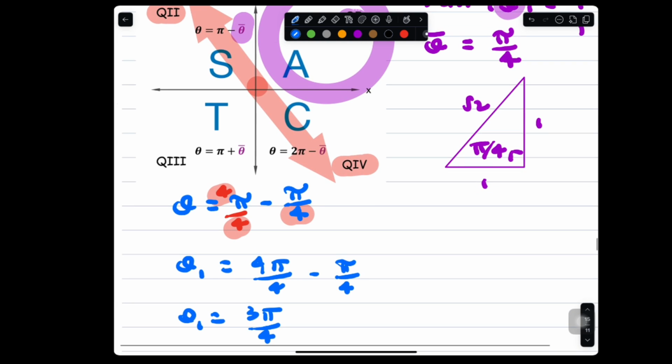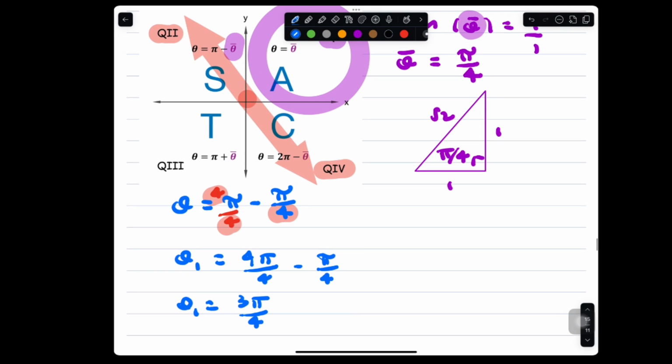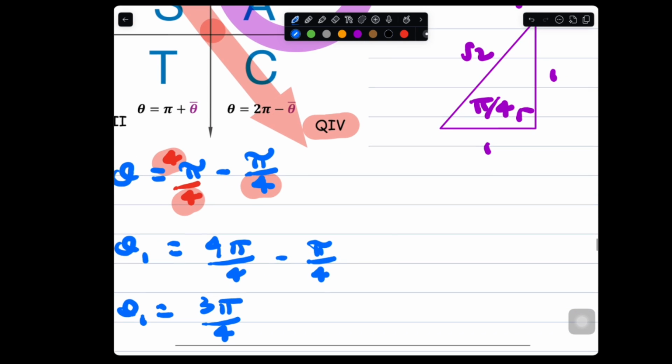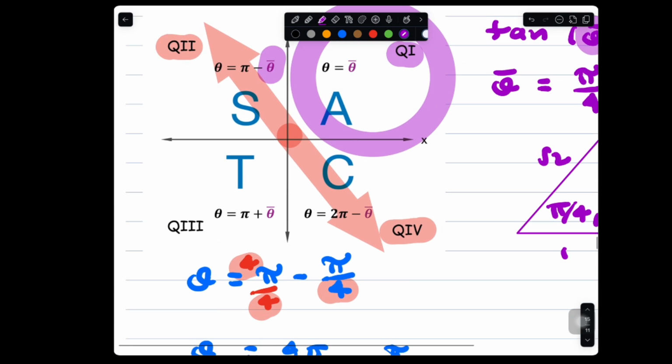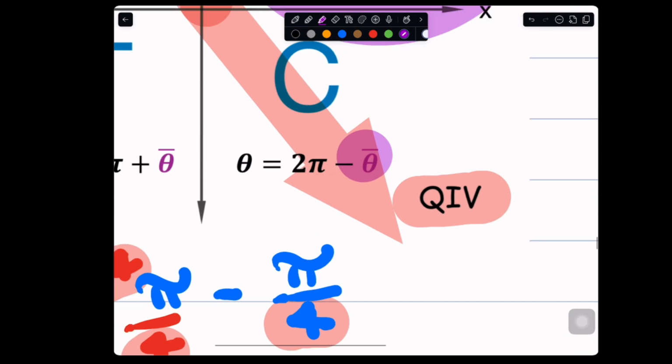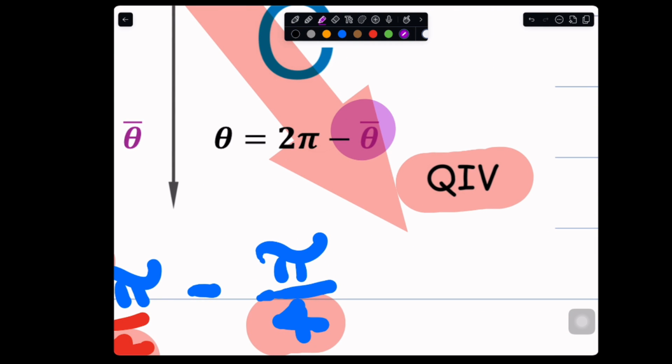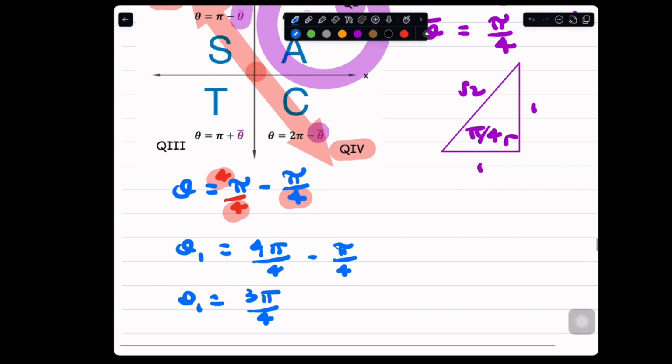Okay. And then you say, well, what about the quadrant 4? Well, I could do a couple of things. I could use this equation we study there. Yeah. The angle is going to be now 2 pi minus pi over 4. That's for the second solution.